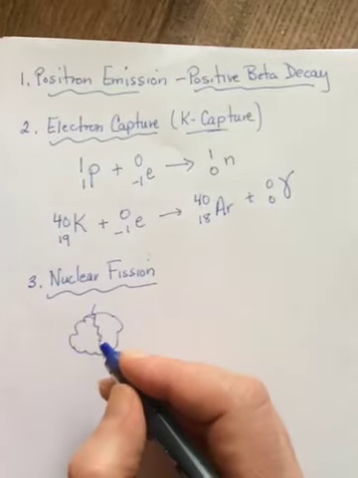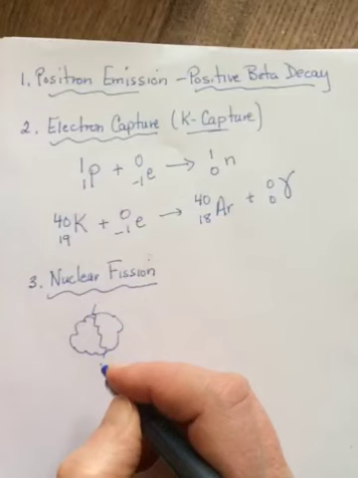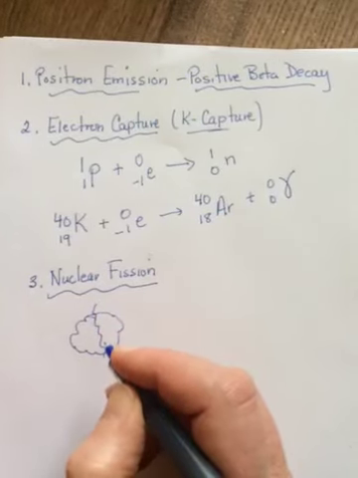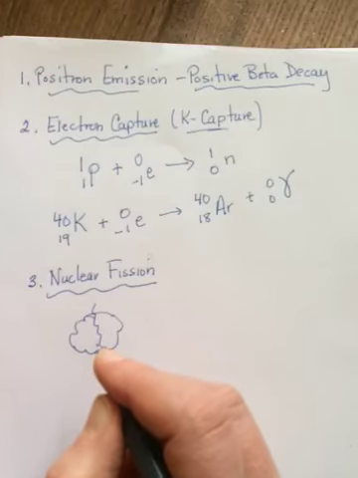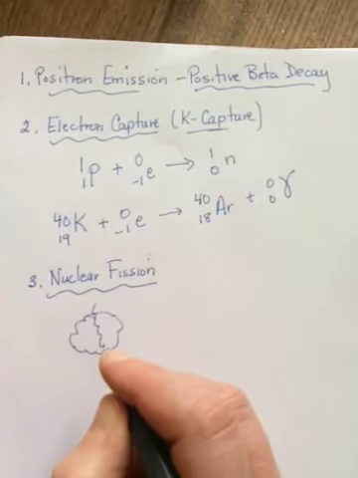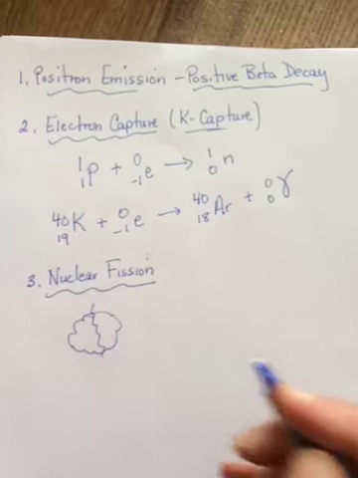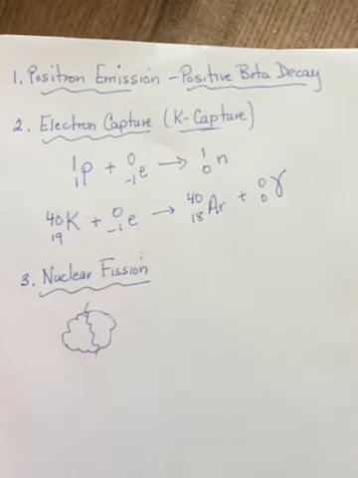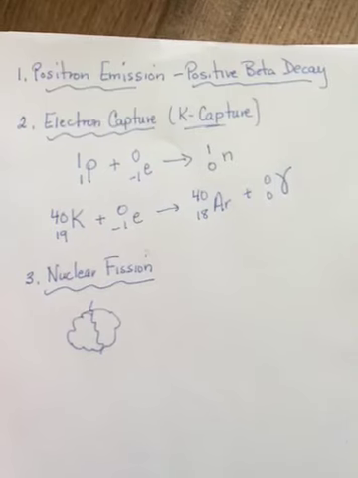It often occurs as a result of absorbing a neutron or sometimes a high energy gamma particle. Now, not every element can undergo nuclear fission. There's only really a few of them. They have to have a high atomic number. So for lower atomic numbers, this does not work.